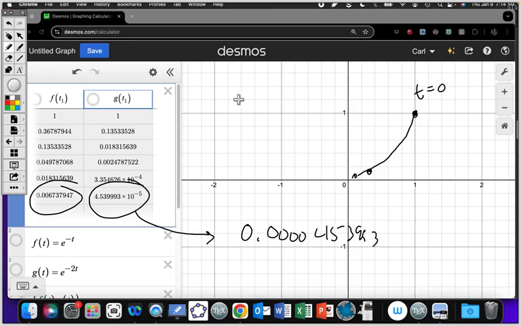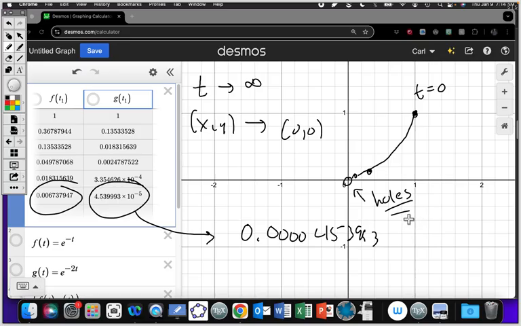As t goes off to infinity, the point (x, y) is heading into (0, 0). It's getting smaller and smaller. It never actually gets there, though. So there'd be a hole in the graph there.